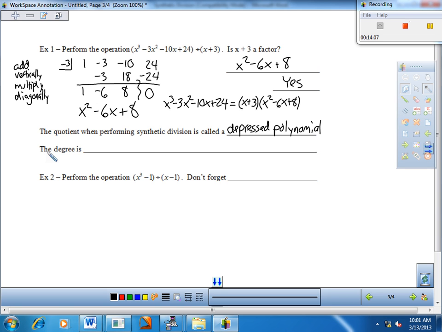The degree is 1 less than the degree of the dividend. So if I start out with a dividend that is like x to the 5th, then our quotient will start out x to the 4th. So the degree of the quotient is 1 less than the degree of the dividend.